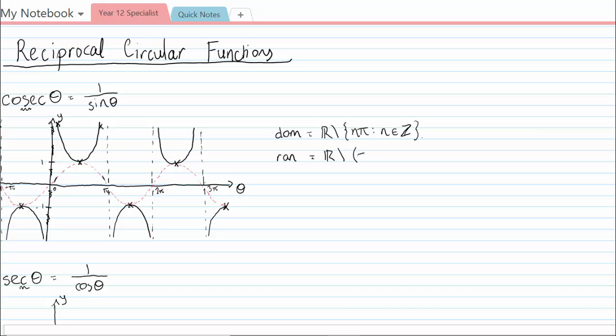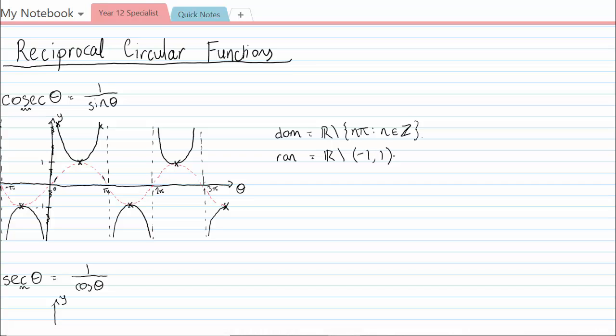And in this case, the -1 to 1 is not included, so I'm using round brackets because I'm excluding the interval. Yeah, it's a bit of a thing to get your head around. Basically, the values of 1 and -1 are included.